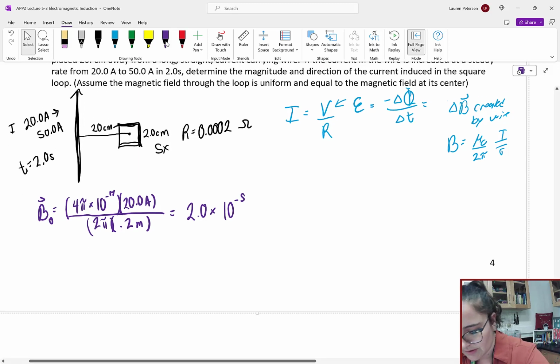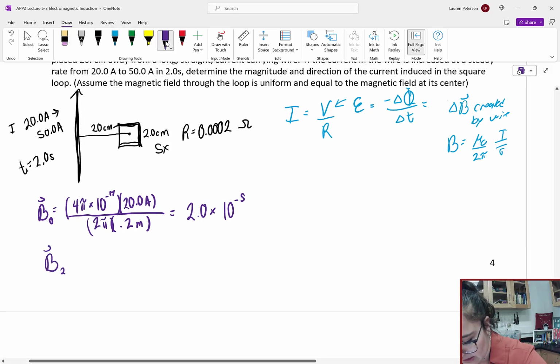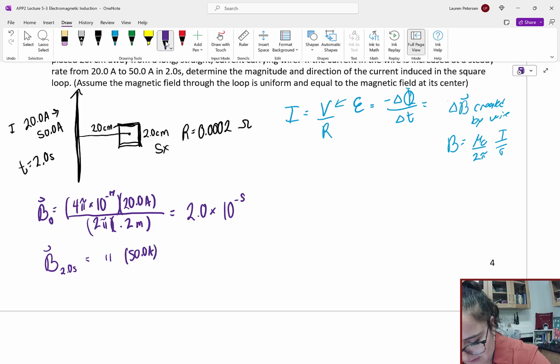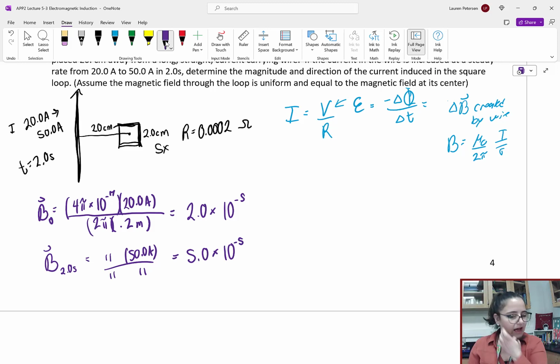Now, if I do that exact same calculation at time 2 seconds, same calculation, but with 50 amps, other than that, it's exactly the same. We get times 50 amps divided by 2 pi times 0.2 gives us 5 times 10 to the negative 5.